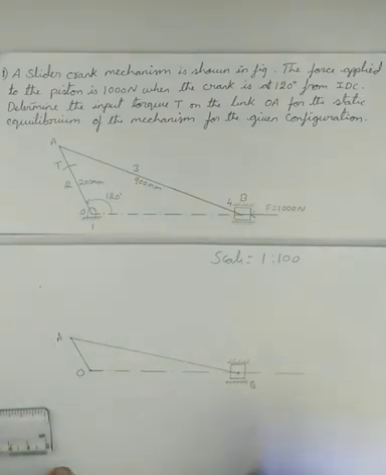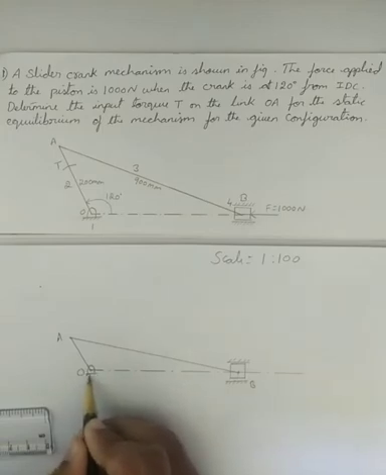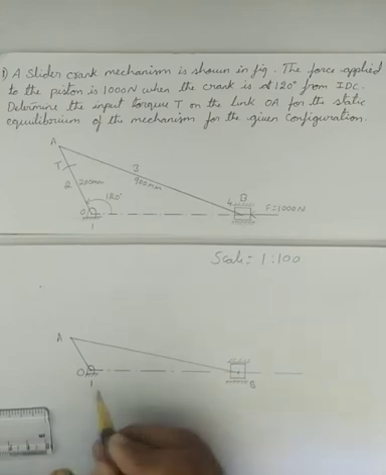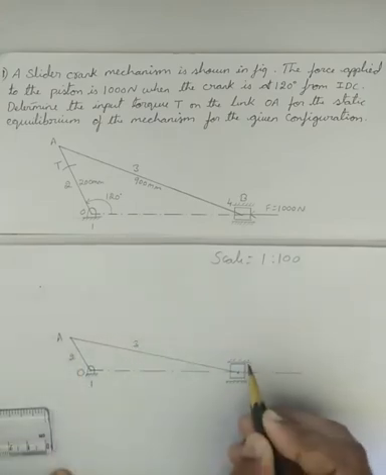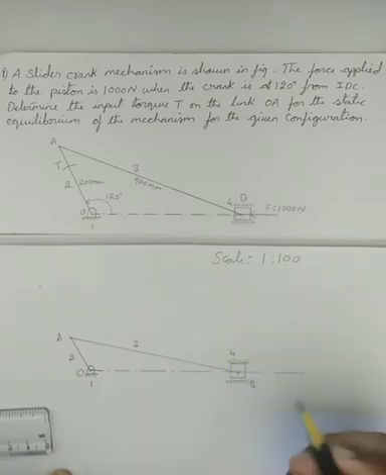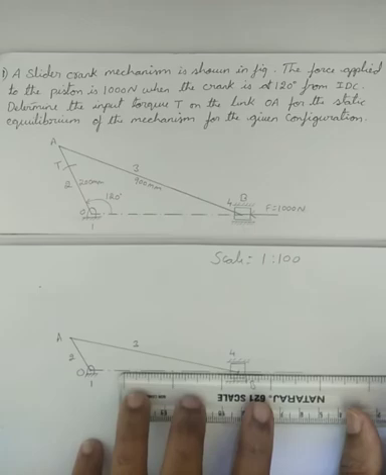So OA and B. This is the fixed one, the piston. So this is link 1, link 2, link 3 and link 4. The force is acting on the piston.